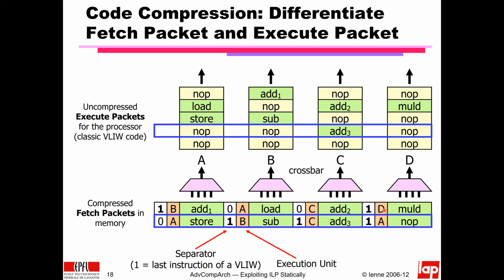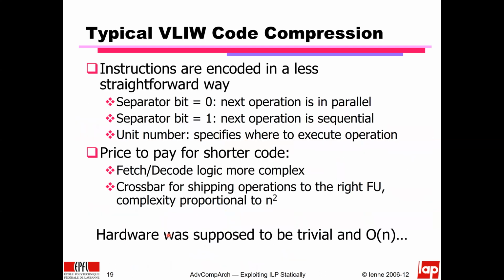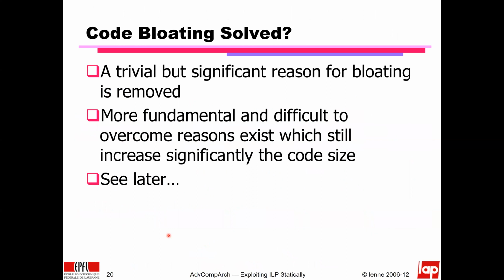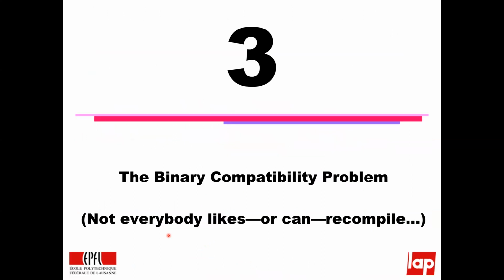We have brought it back essentially to the same size as before, plus a few bits here that are almost irrelevant. But we'll see that there are other reasons why the code will grow again. And we'll come to that later even today.